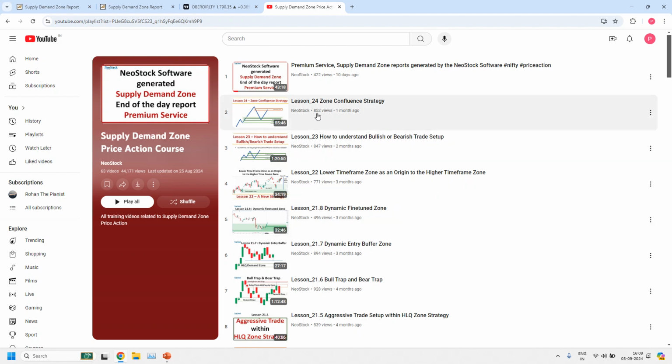But without completing lesson 23 and 24, you can't get into lesson 25. This lesson is purely having dependency on clear understanding about lesson 23 and lesson 24. Not only these requirements, one more special requirement is there to understand lesson 25.